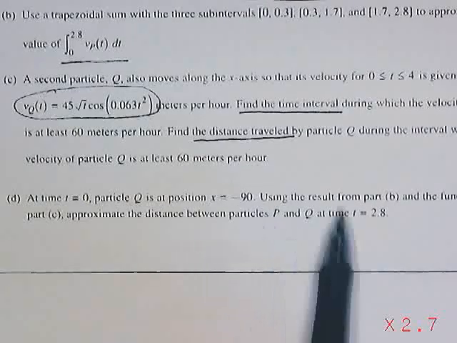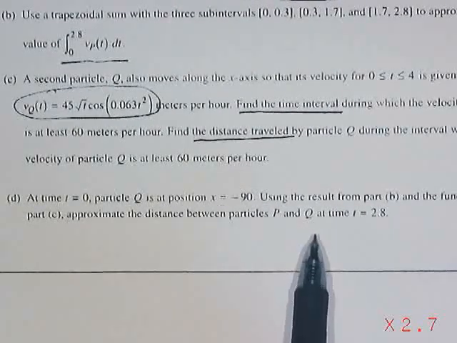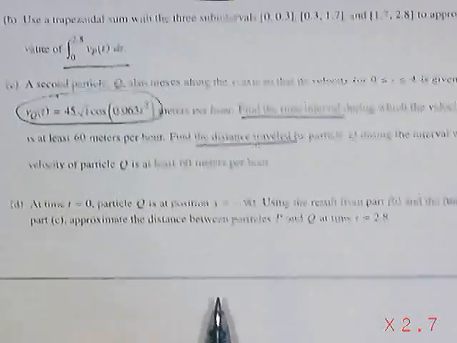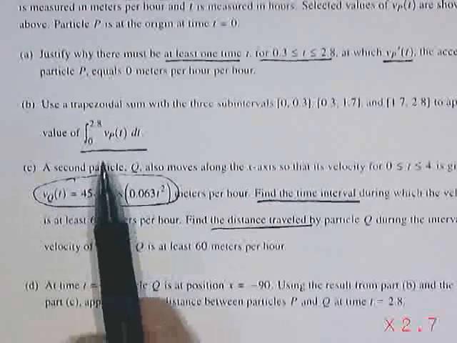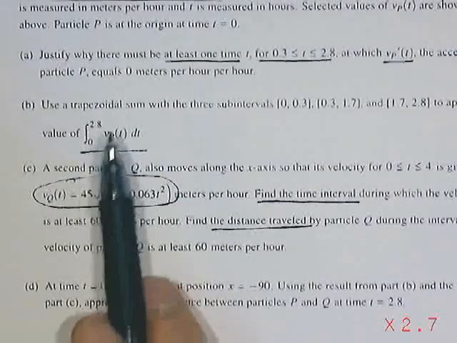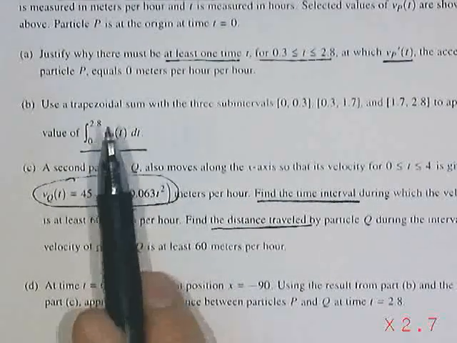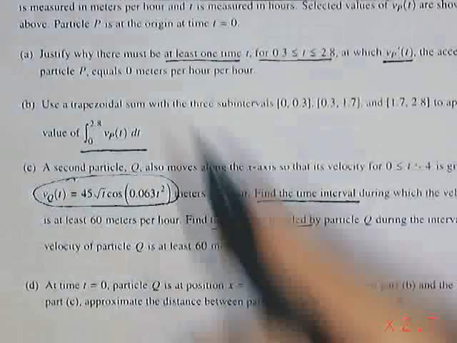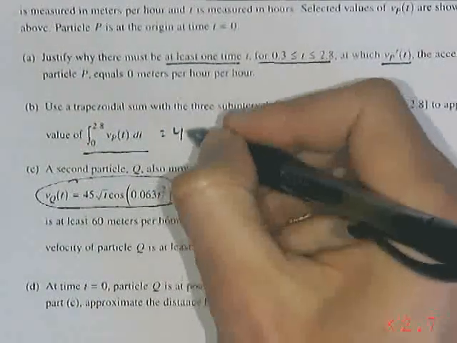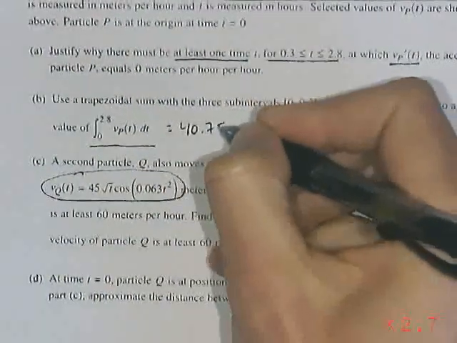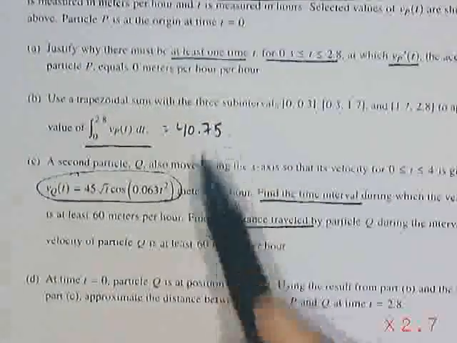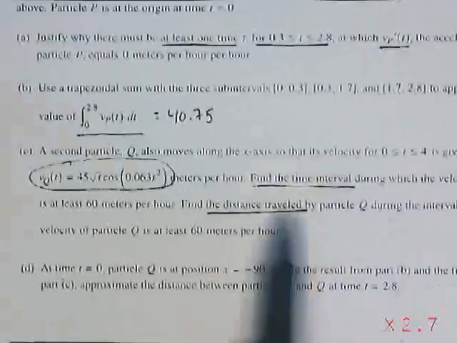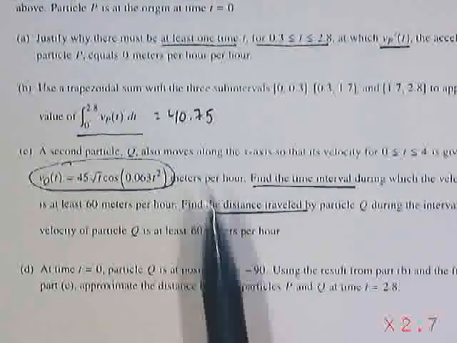So how far apart are these guys at 2.8? Well, from part B, we have an approximation, which we'll use, of where exactly particle P is at 2.8. I think we said that was like 40.75. We need to figure out where particle Q is at that same time, and then just take the difference.